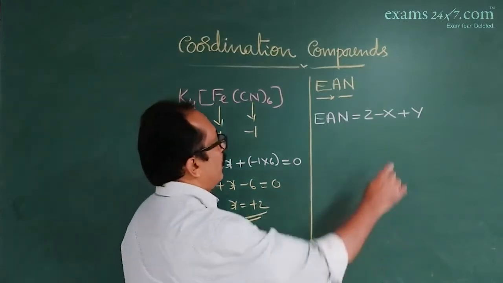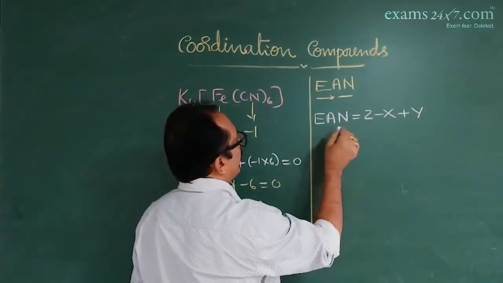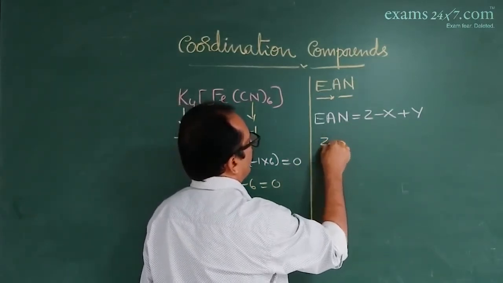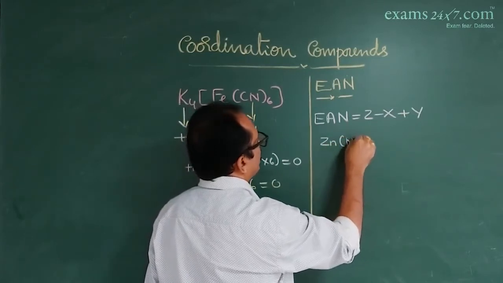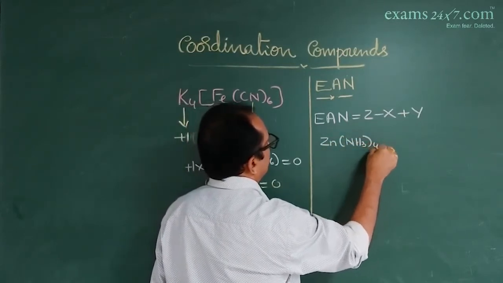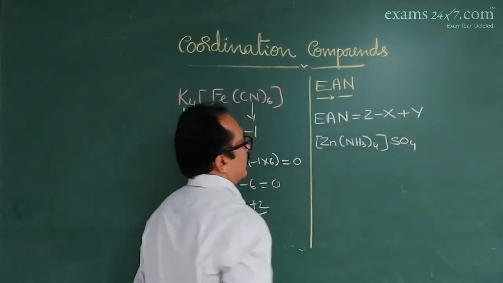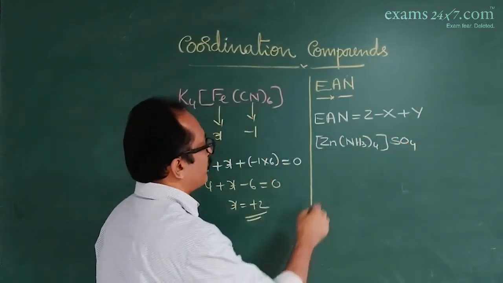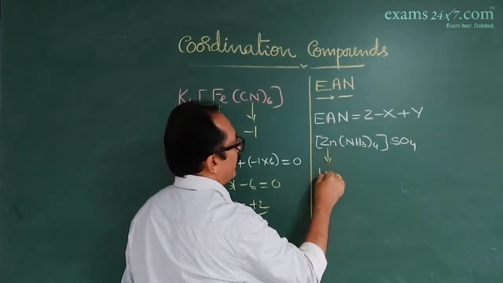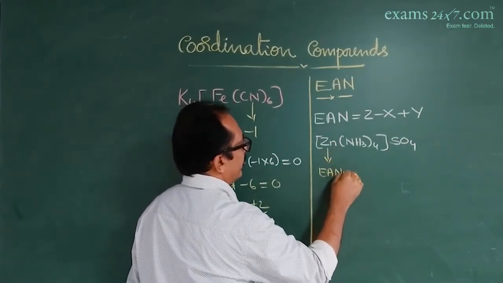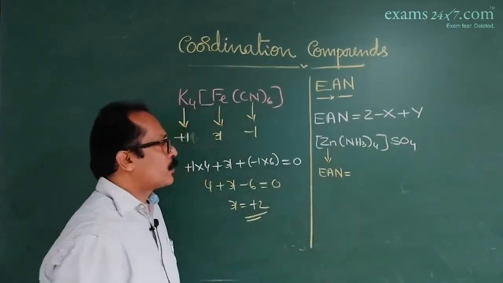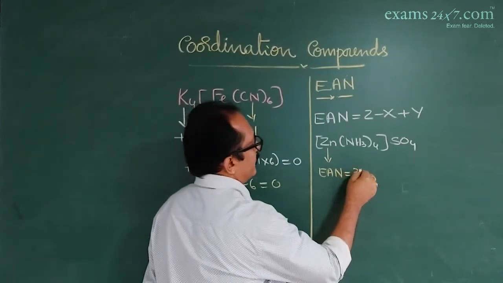For example, take the first compound, zinc ammonium sulfate. Effective atomic number of zinc: the atomic number of zinc is 30.